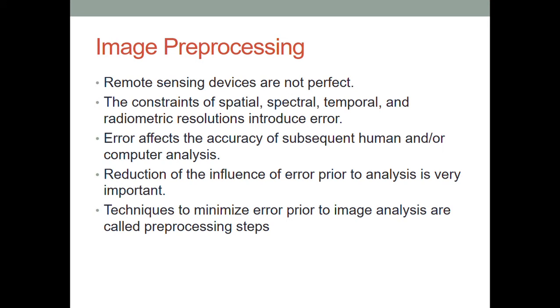Why? Because it's human made. And the constraints of the spatial, spectral, temporal, and radiometric resolutions introduce error. What kind of error is this? It could be error that intentionally or unintentionally happens on the image or is recorded by the image. For example, with a spatial constraint, it has been decided on the system that for every pixel the spatial resolution will be 30 by 30 meters.